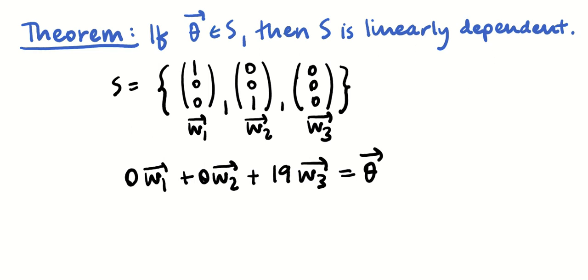The combination of 0 of one, 0 of the other one, and 19 of the third is not a trivial combination. So I've exhibited a non-trivial combination of the vectors that gives me the 0 vector back, meaning that set is linearly dependent.